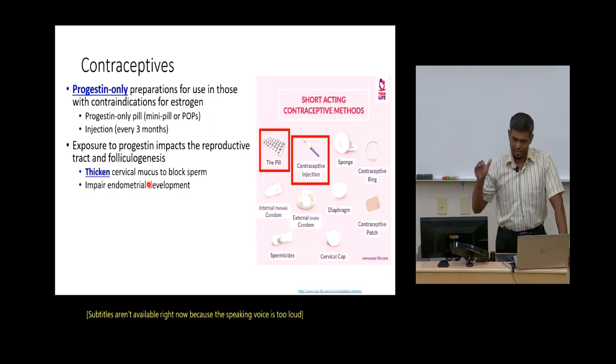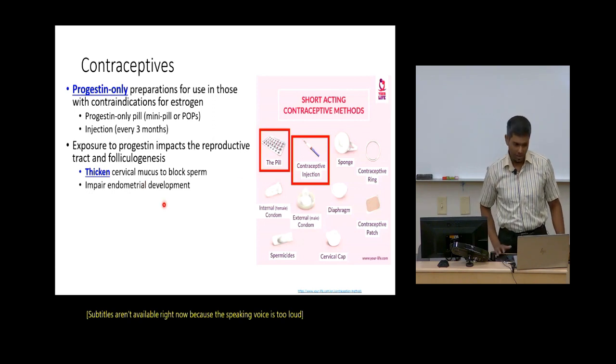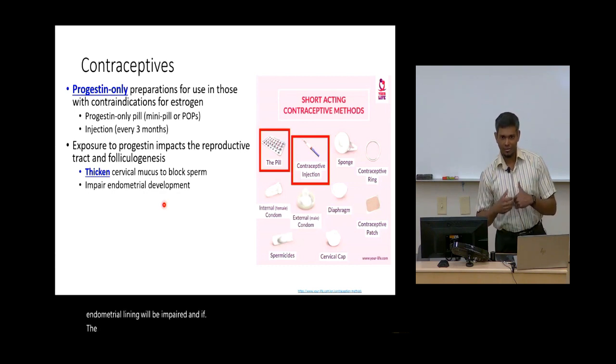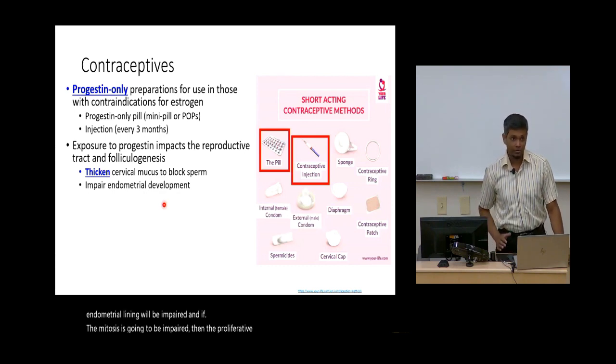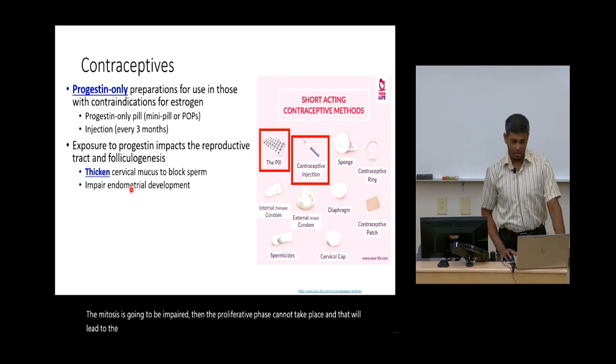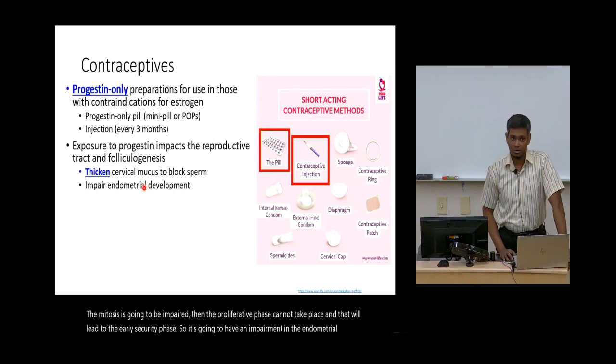Whereas the secretory phase, the transition to that is mediated by progesterone. So by just giving only progesterone, the mitosis of the endometrial lining will be impaired, and if the mitosis is impaired, then the proliferative phase cannot take place, and that will lead to the early secretory phase. So it's going to have an impairment in the endometrial development.